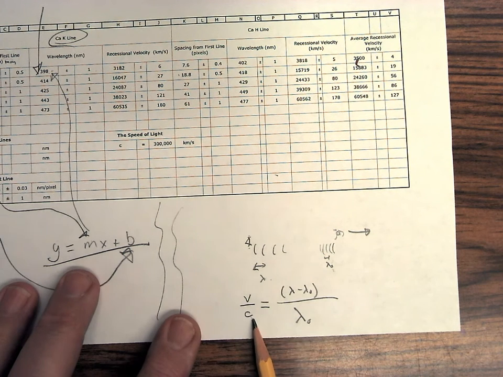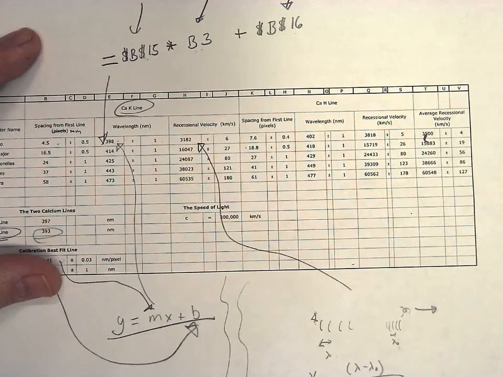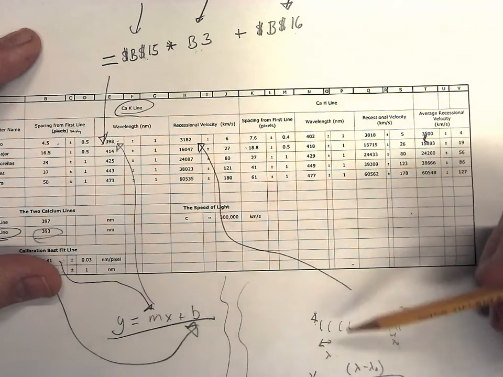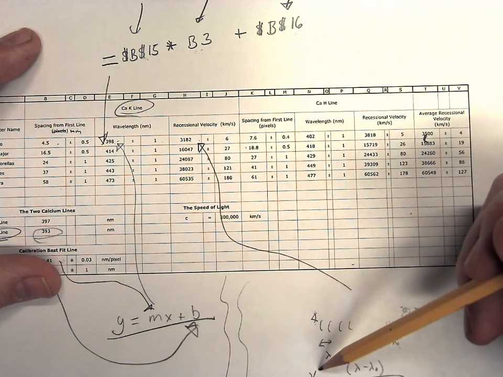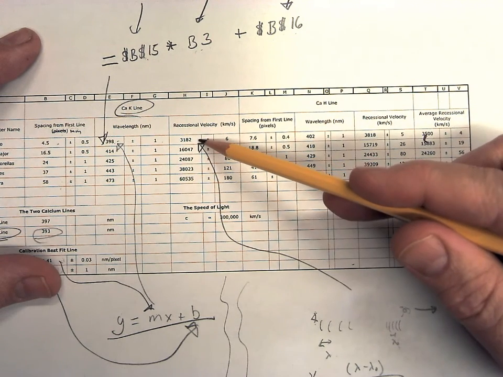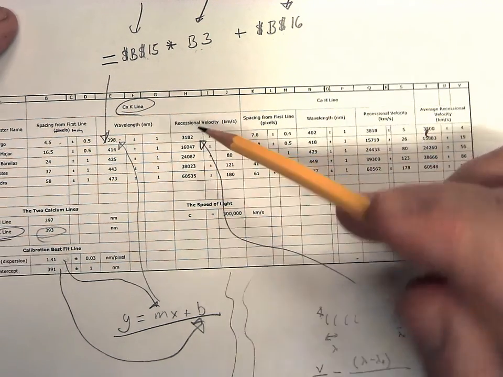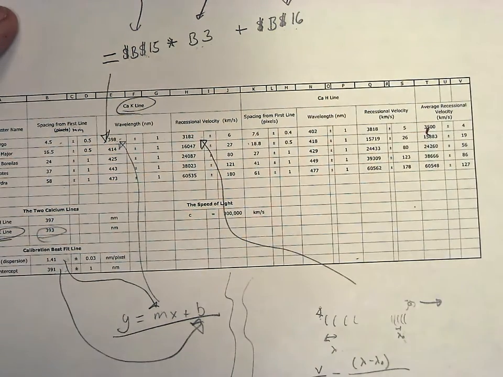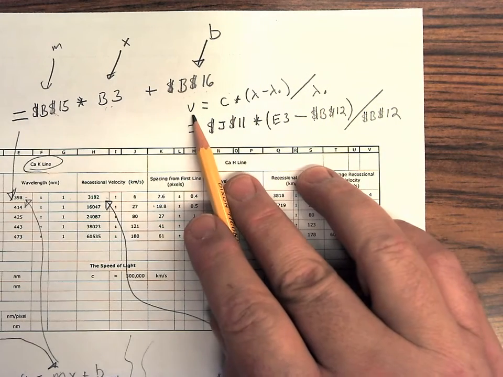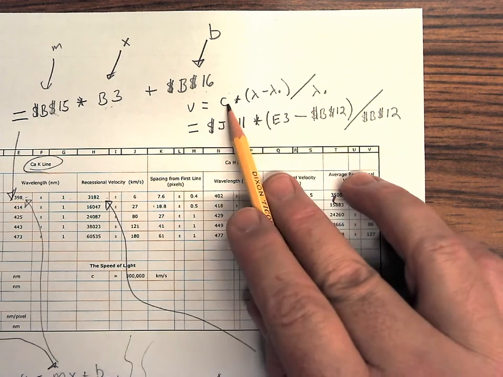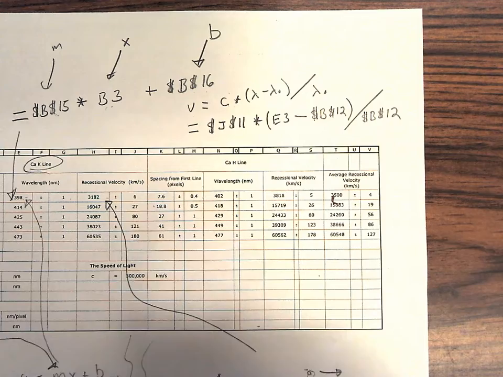Multiply both sides by the speed of light, and you can solve for v. And this equation is what we're going to put in here, solving for v. So we type in here, we're going to have to look and see which cells things are in. So my recessional velocity v is given by this equation we just talked about.